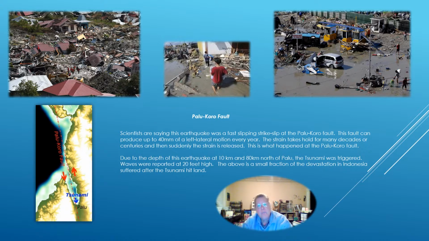So it is moving, as we talked about earlier. They're constantly moving, 40 millimeters of left lateral motion every year. That could add up to a lot. The strain takes hold for many decades or centuries, and then suddenly the strain is released. That's the earthquake. This is what happened at this Palu Koro Fault.